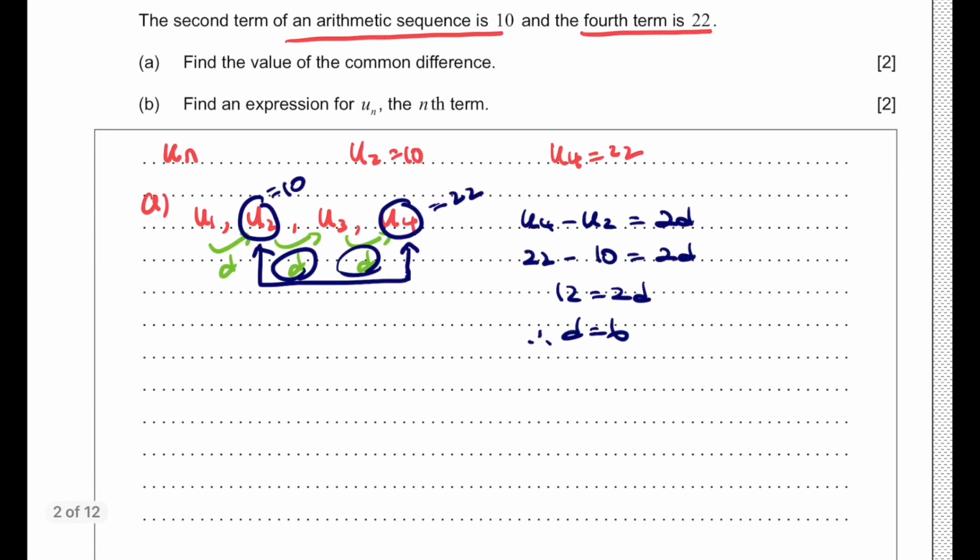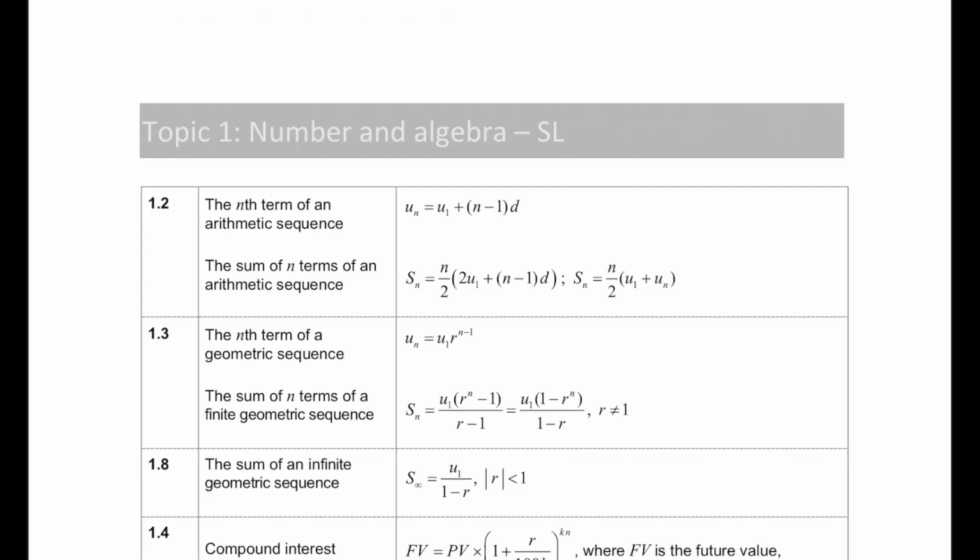And that's how we can find the common difference for this arithmetic sequence. However, we also need to know how we know this concept. For an arithmetic sequence, we can get the sequence formula from the formula booklet. This is your formula booklet for SL.